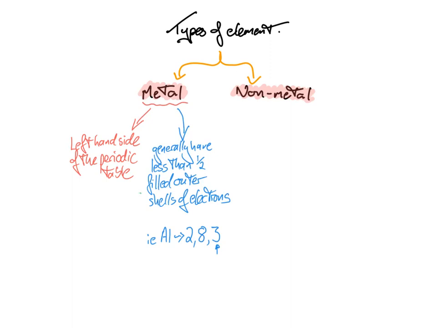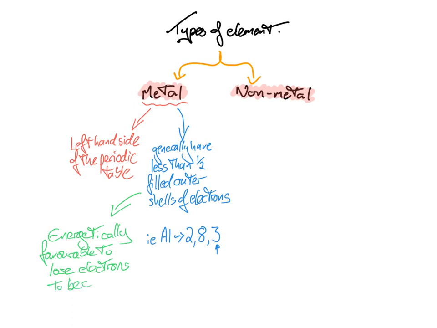What does this mean in terms of their tendencies? This means that it is energetically favourable to lose electrons to become, and this is where we just have a little trick, to become cations.